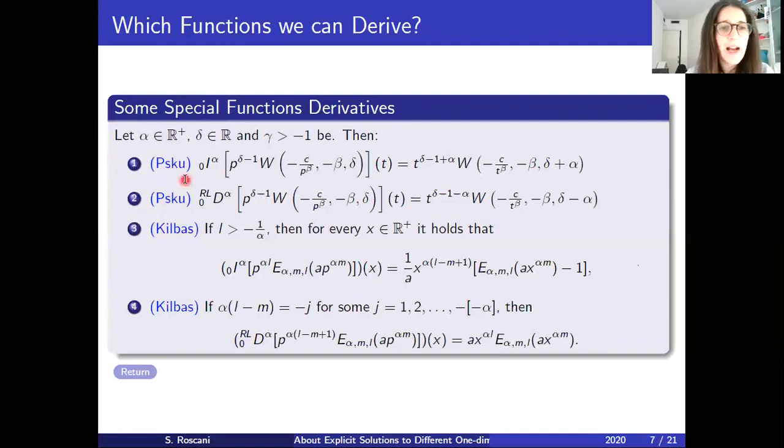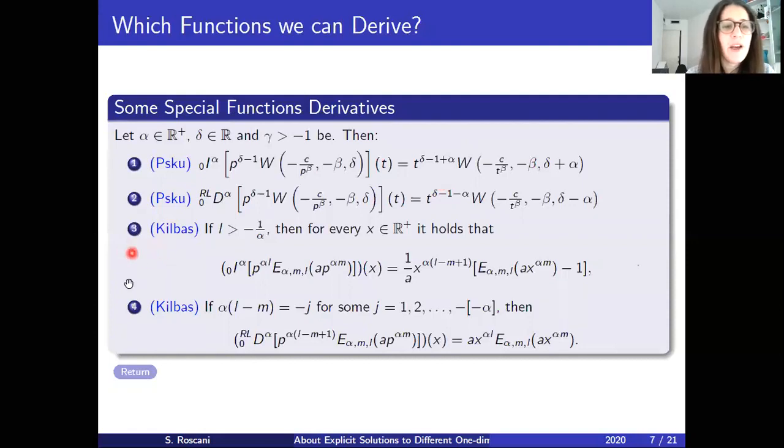So we know how to integrate this Wright function multiplied by a power, and so I know how to differentiate, and I recover another Wright function. I have put the general function here in the variable t, because I will use these results for the explicit solutions to the time fractional Stefan problems.